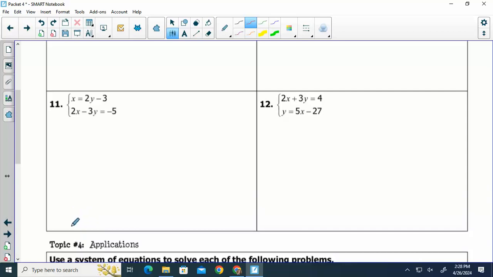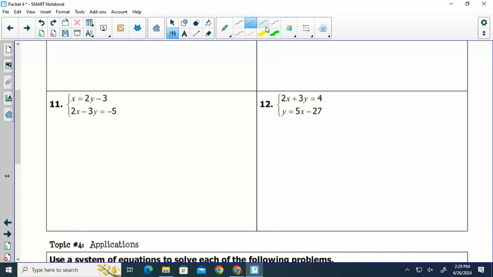We could do the same thing if we first just subtracted over the 5x. Or, what other strategy could we use here? What might be easy? Is elimination easy right here? Not really, but we could do substitution, couldn't we?